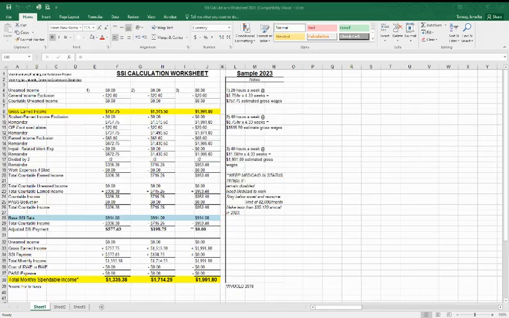But aside from that, remember that you need to keep your assets and resource limit below $2,000 if you are an individual on SSI, and below $3,000 if you are an eligible couple, meaning that both partners receive SSI.